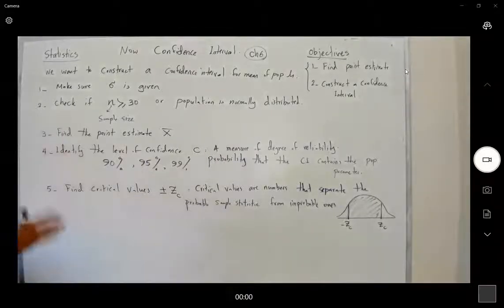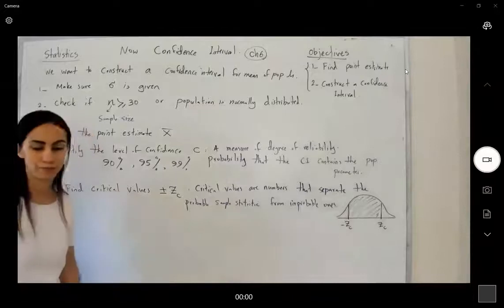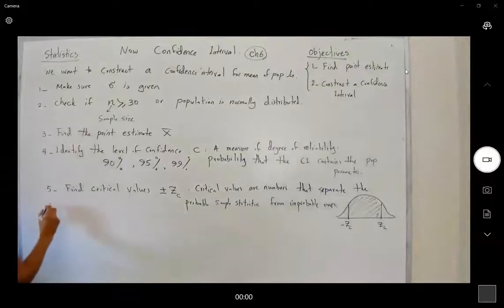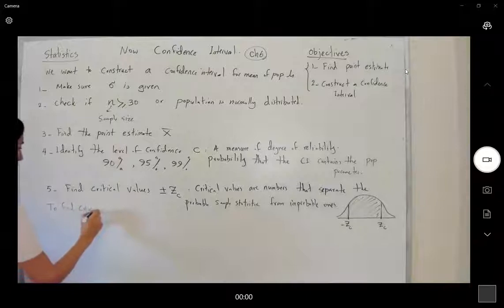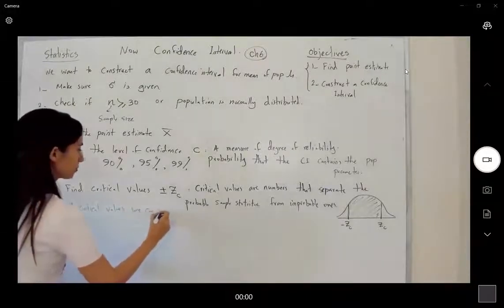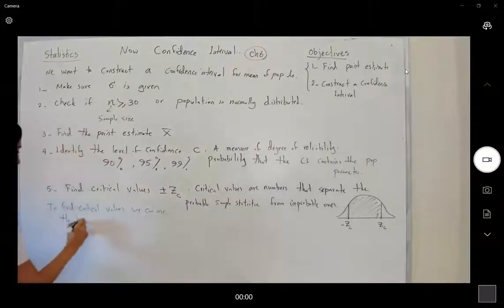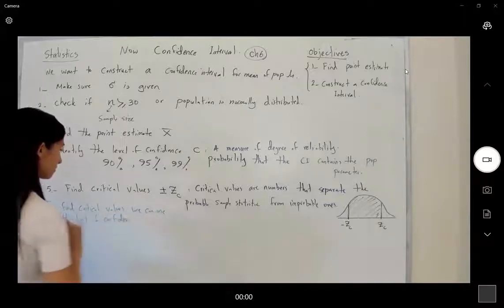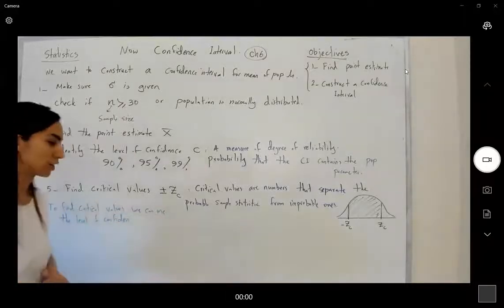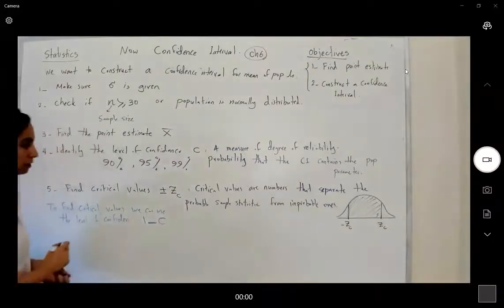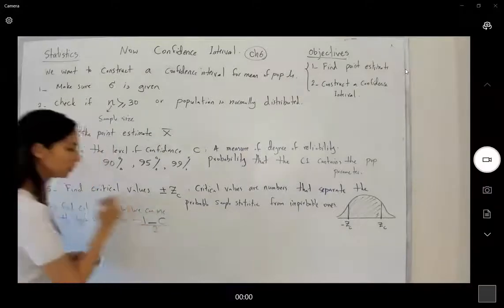Okay, how do we find critical values? To find critical values, we can use the level of confidence and do a little bit of algebra: 1 minus the level of confidence, divided by 2.